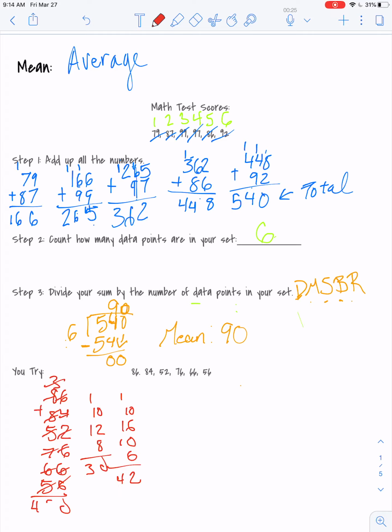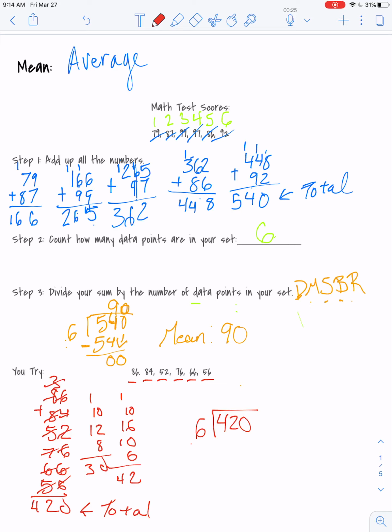So I have 420 as my total. So next I need to figure out how many data points I have in my set. I have 1, 2, 3, 4, 5, 6 data points. So I take 420 divided by 6.